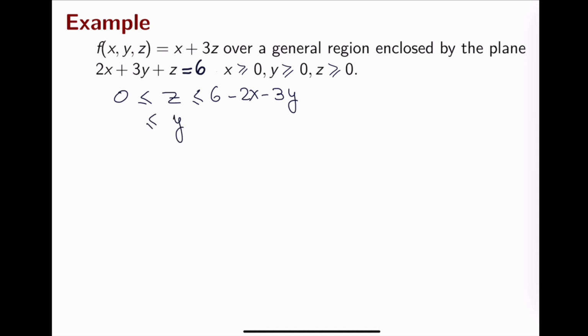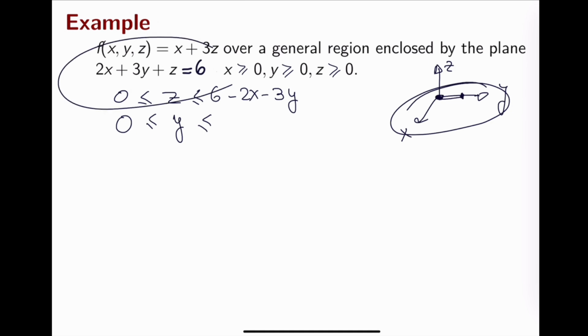So y is also going to start its variation from 0. As we see here, this is x, this is y, the variation of y. Y is going to go all the way until where this plane intersects the xy plane. So let's calculate this intersection. This is just when z is equal to 0. If we put z equal to 0, we have that 2x plus 3y is equal to 6.